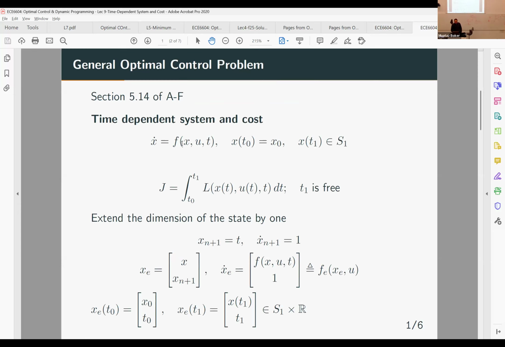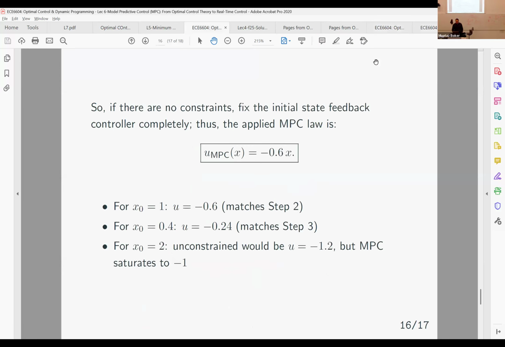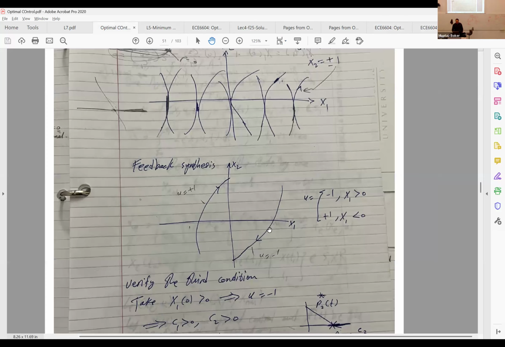So let's say that we have this system where t appears explicitly. By the way, I forgot to mention something. Let me go back here.